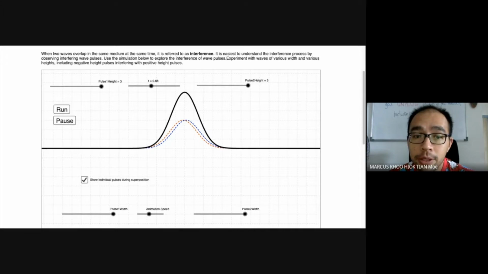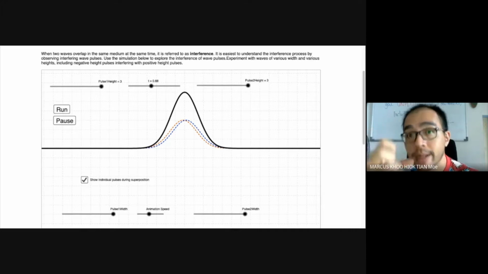So for the equation, let's say this height I call x. The resultant amplitude, after you add the two amplitudes together, will be x plus x, so it will be 2x.